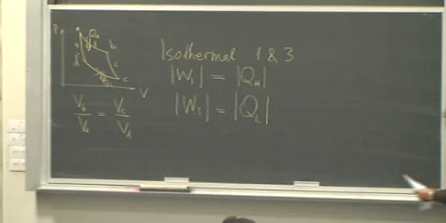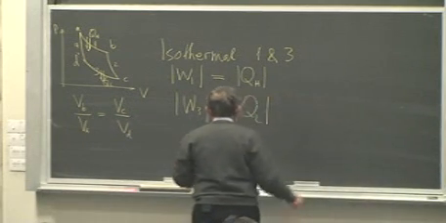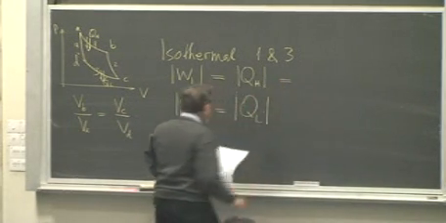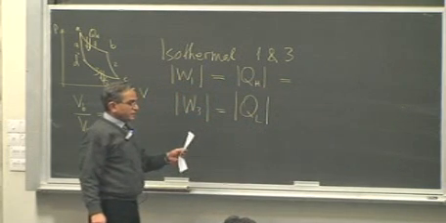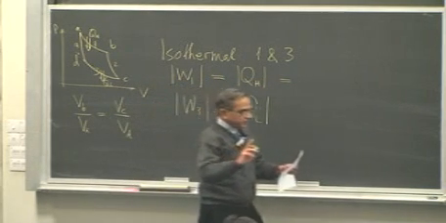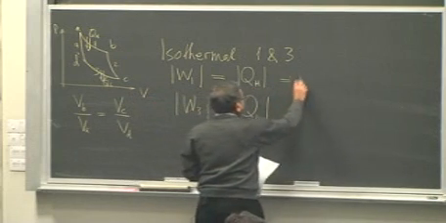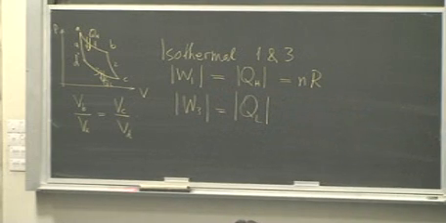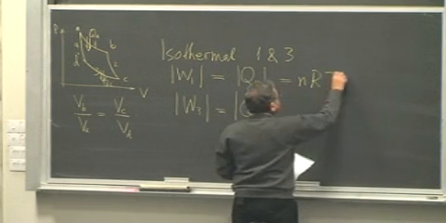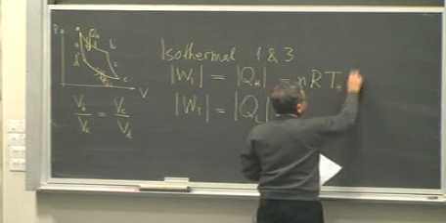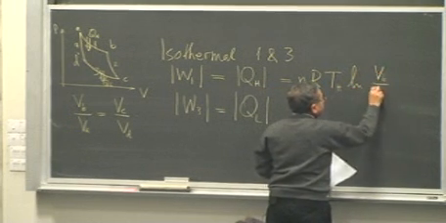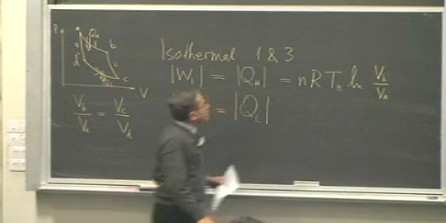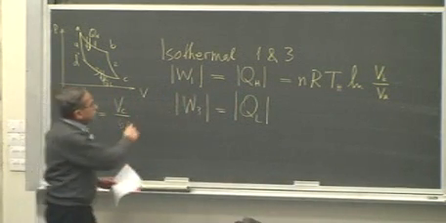And also, you noted that W1, I'm going to only write the result that we had derived, that for an ideal gas running in a Carnot engine, this is equal to nRTH times log of VB divided by VA. W1 was equal to this.